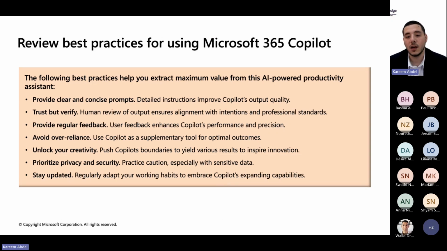You want to be that bit extra careful when using any confidential or sensitive data with Copilot. You can be assured that your data is private, your data is secured, and you know exactly what's happening to your data at all times. With that being said as well, we always need to practice caution when dealing with sensitive information.